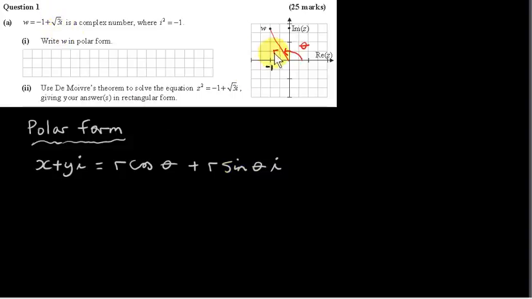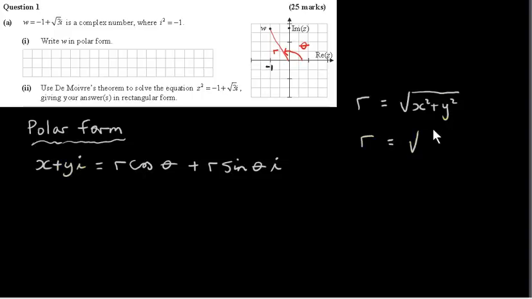So anyway, we need to find r and theta. R we find from Pythagoras' theorem. R is the square root of the real part squared plus the imaginary part squared. So the real part of the complex number is x, the imaginary part is y.